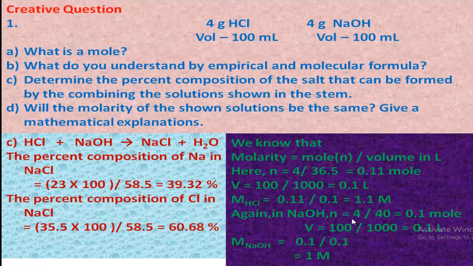So we can see their concentration is not exactly the same. There is a little bit of difference: the molarity of hydrochloric acid is 1.1 molar and the concentration of sodium hydroxide solution is 1 molar. So like this way you have to explain the questions of D number mathematically.